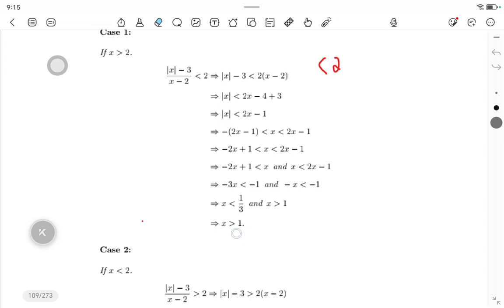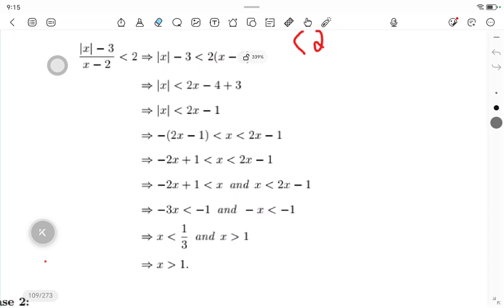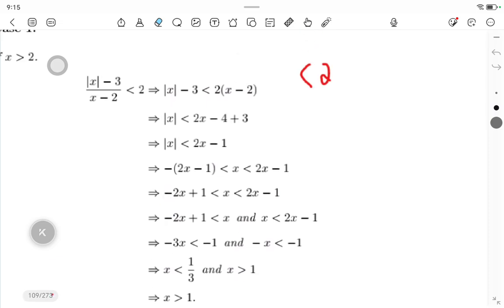This one says that when we come here, remember I said that, I think I erased those things. Remember I said that what they did on the method, they tried to make sure that we only leave the things which have an absolute value so that we can use this method.